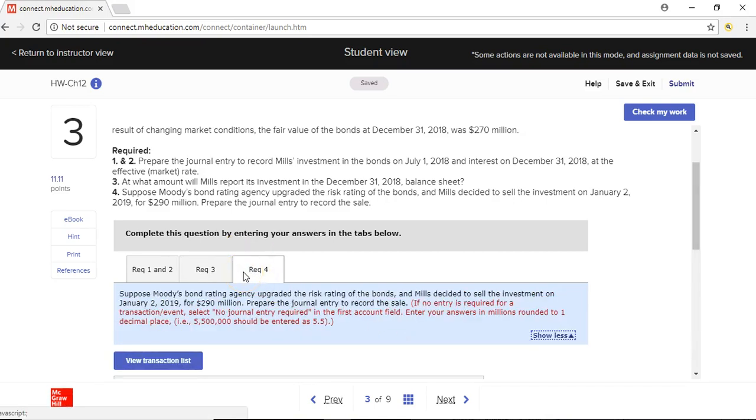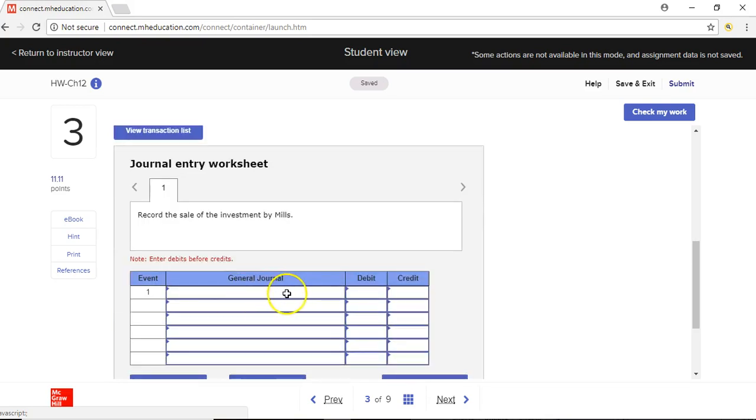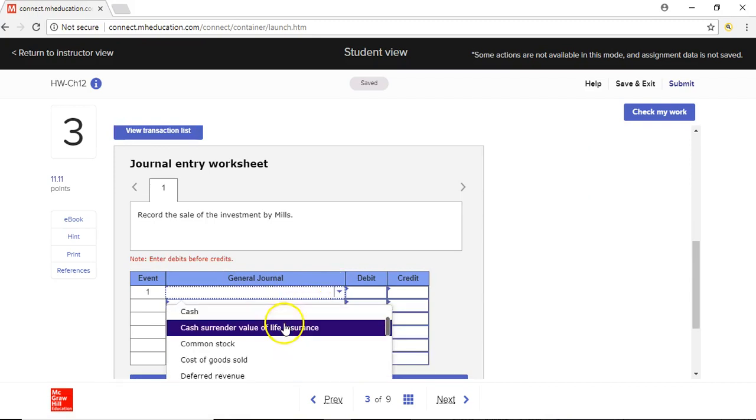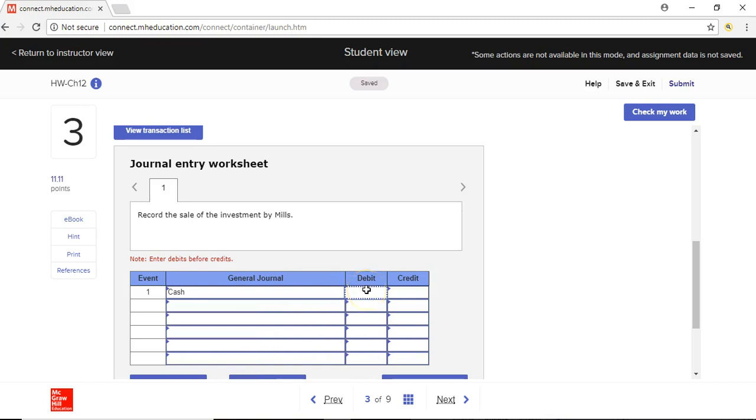Requirement 4 says, on January 2nd, 2019, we sold these bonds for $290 million. So we receive cash by selling these bonds. Cash is debited by $290 million. And we need to get rid of the book value of these bonds.